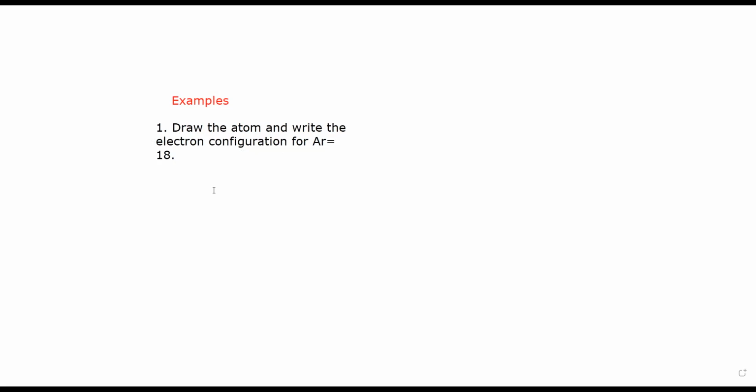Argon has 18 electrons, right? So I would start off with putting the P and the N in the center to represent the nucleus. Some people would write the mass number and the atomic number and the symbol of argon. So if you want to put P and the N in the center, or use the symbol, either one is fine. I just have a habit of using P and N to represent the nucleus. Some people just use the symbol, it doesn't matter, right?